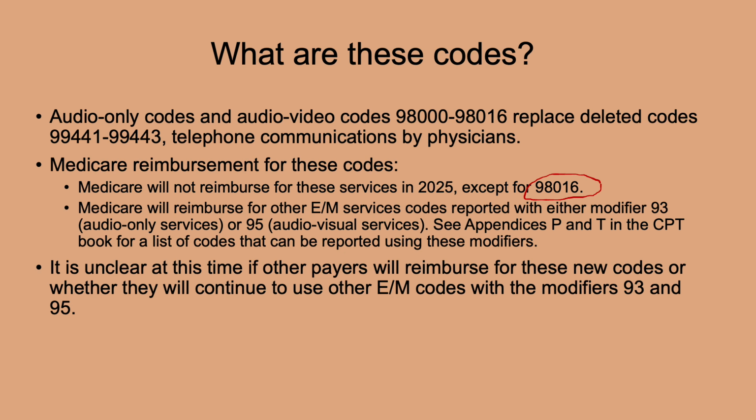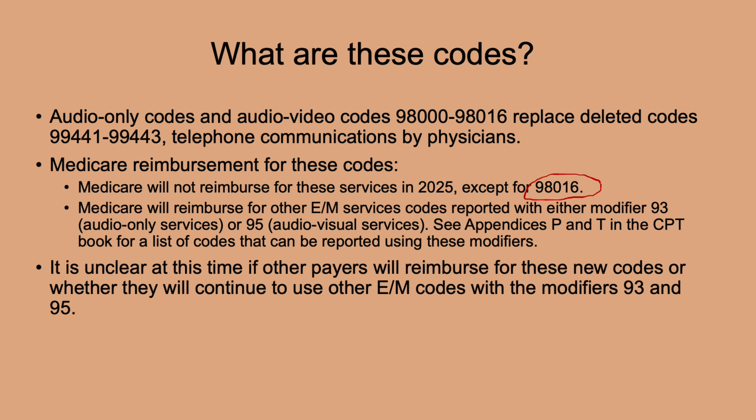Now, Medicare will reimburse for other E&M service codes reported with Modifier 93, which is audio-only services, or Modifier 95, audio-visual services. You've already been using these perhaps, but those are in appendices P and T in your CPT book. These appendices include a list of codes that can be reported using these modifiers.